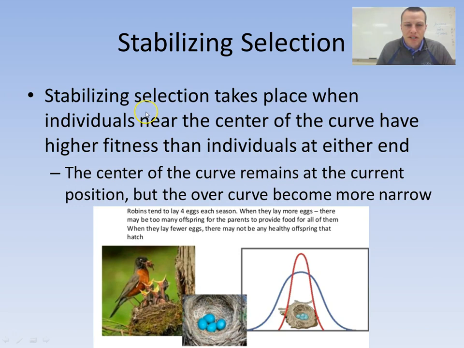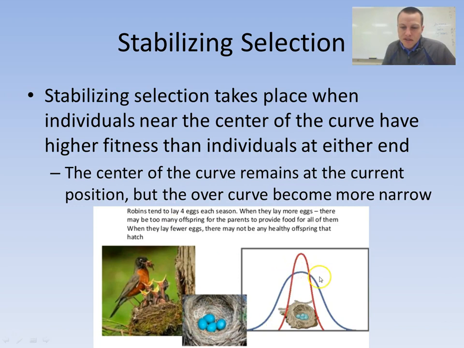Stabilizing selection. Stabilizing selection takes place when individuals near the center of the curve have higher fitness than individuals at either end. So the center of the curve remains at its current position, but the curve begins to narrow over time.